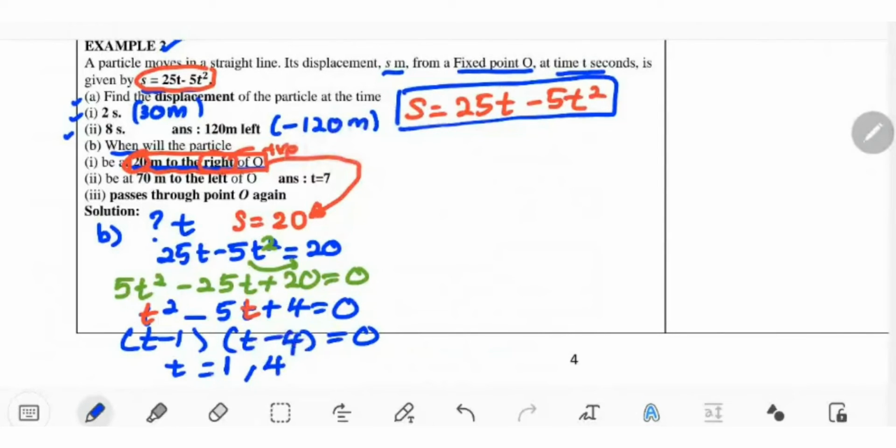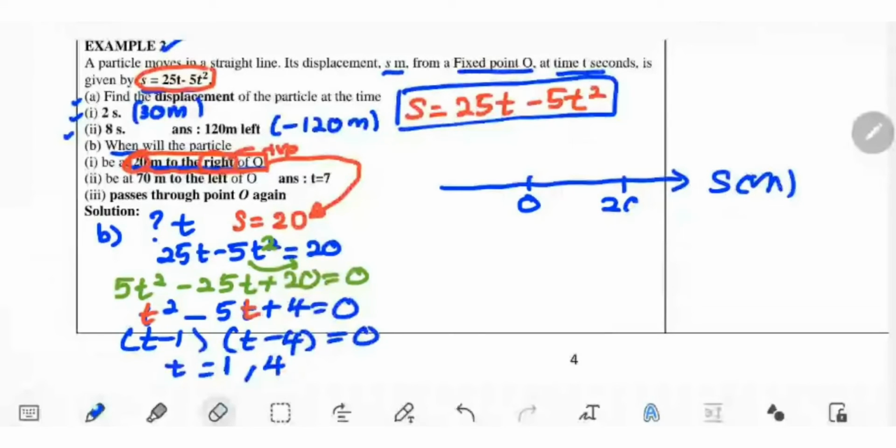kalaulah kita lukis diagram tu, katakan ini adalah 0 meter, ini S, ini 20 meter, S dalam meter lah. At 1 second, dia berada di sini. Maybe dia jalan, dah pergi sampai sini, lepas tu dia patah balik.